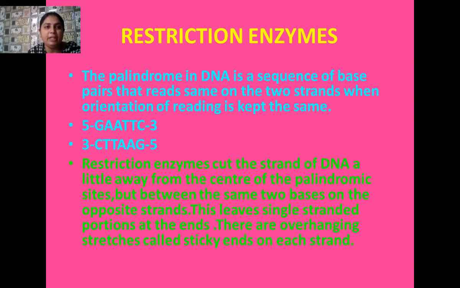For example, if we read the DNA strand in the 5' to 3' direction, and the recognition sequence there is G, A, T, T, C, and we also read the second strand keeping the reading frame the same, from 5' to 3', then we can again read G, A, T, T, C.